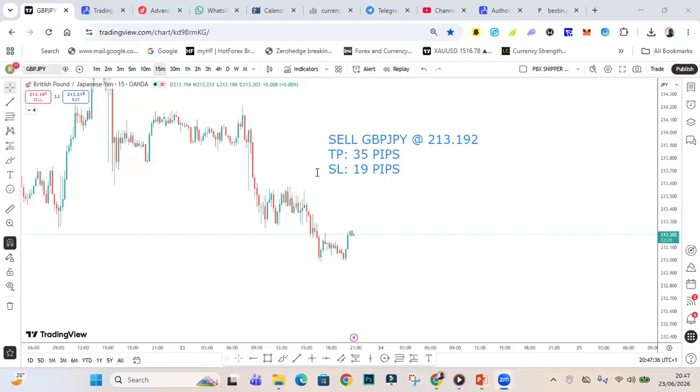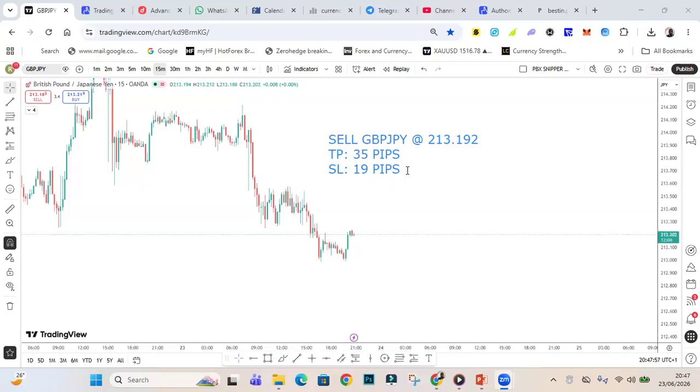Okay, so now for the JPY pairs, we are concerned with the first two decimals. The third one is also a pipette.